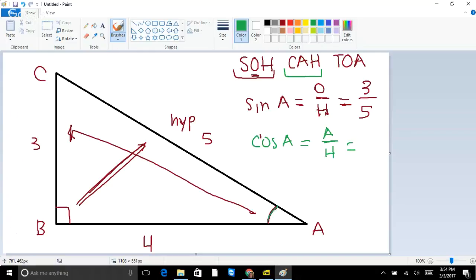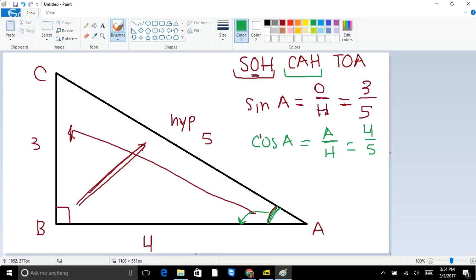The adjacent side of A means the side that's adjacent to it, right next to it. And someone asked in class on Monday, how do you know that this is the adjacent side, not this? Well, that is because the side that's the length of 5 is the hypotenuse. So that gets its own special name. Okay, so the adjacent side is going to be 4, and the hypotenuse will be 5.